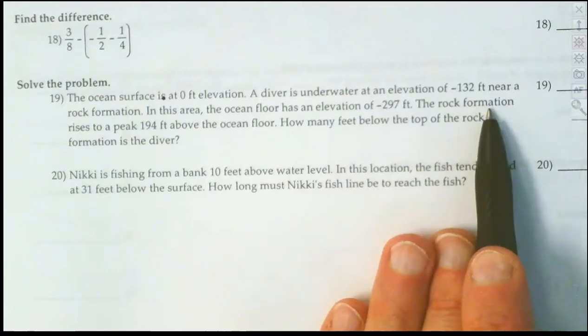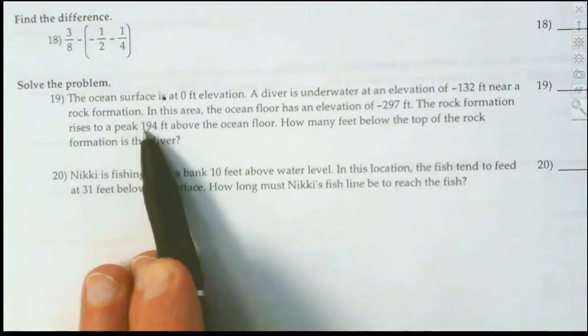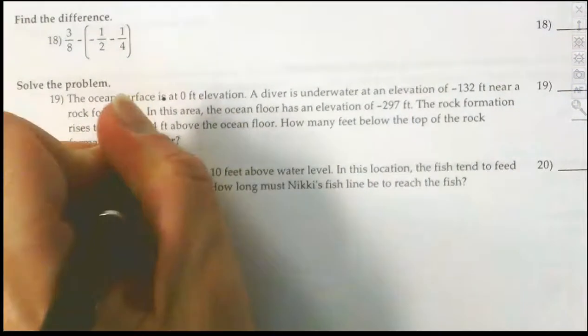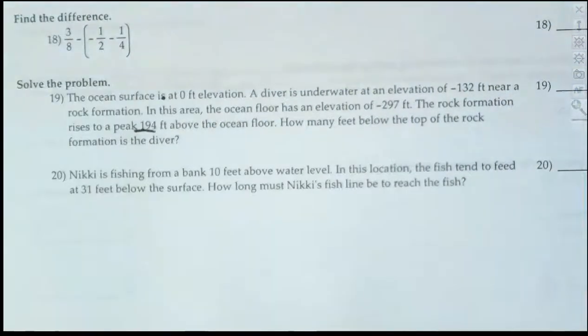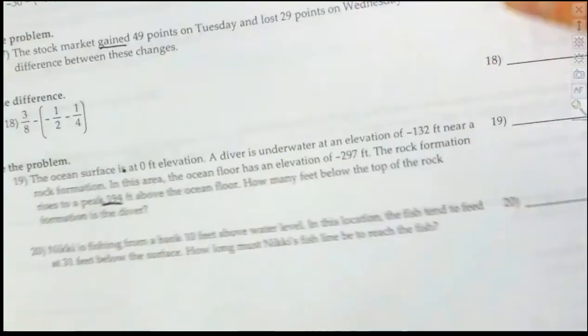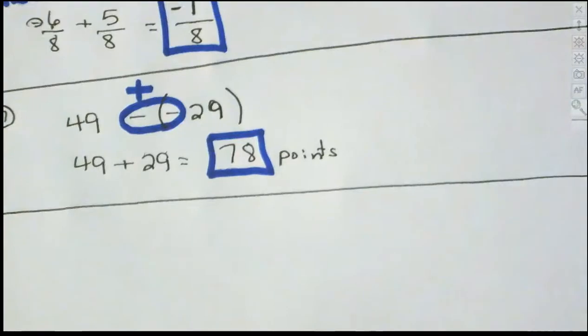The rock formation rises to a peak 194 feet above the ocean floor. How many feet below the top of the rock formation is the diver? So we need to first think about the diver, then we'll look at the rock formation, and then we'll try to answer the question. So we're going to have to draw a diagram here to help us see what's really happening.